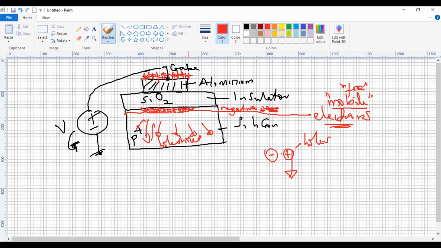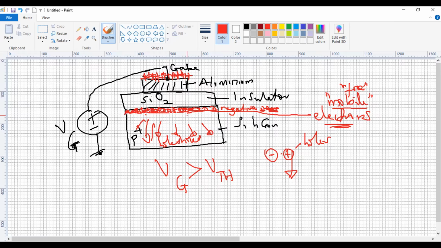So I'm going to draw it all that way. So I've got a thin layer of electrons, very thin layer of electrons, free electrons out here. So as long as I maintain this large, so basically that VG is greater than a particular threshold, then I'll have a bunch of holes, a bunch of electrons in here.